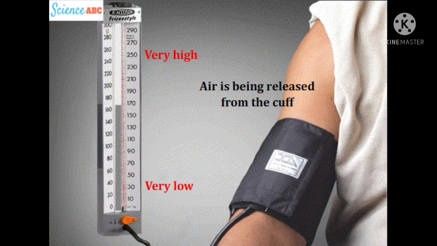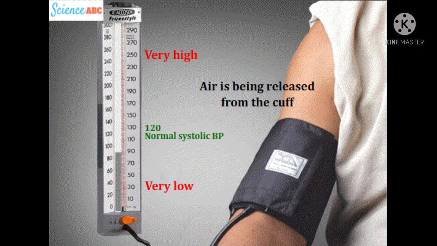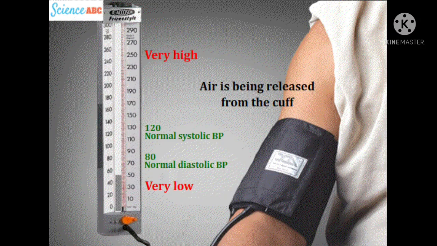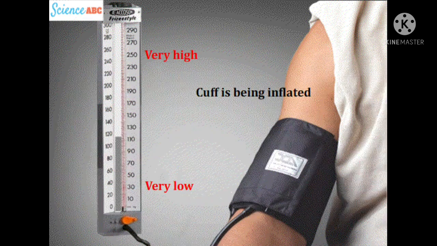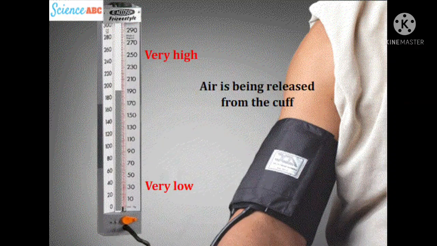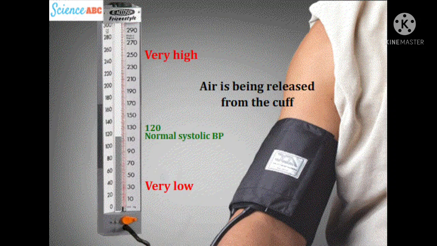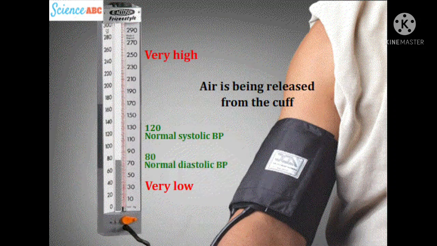Systolic pressure is the pressure with which blood is forced out of the ventricles during the ventricular systolic phase, that is, during ventricular contraction. It will be 120 millimeters of mercury.